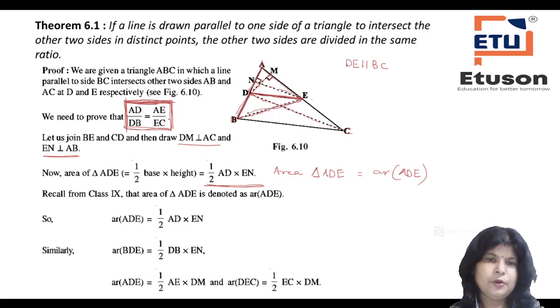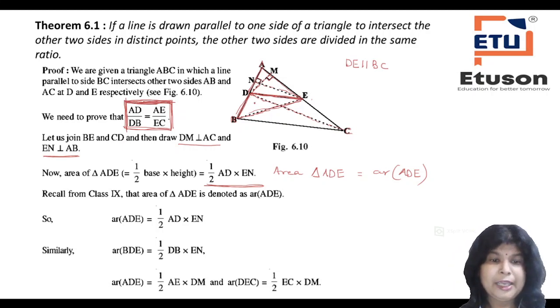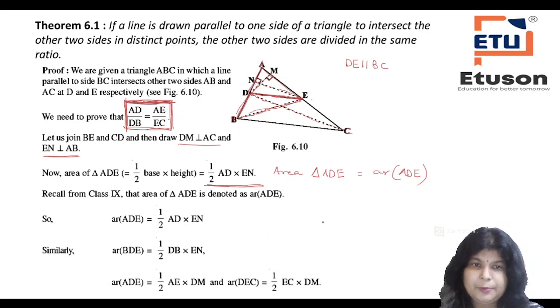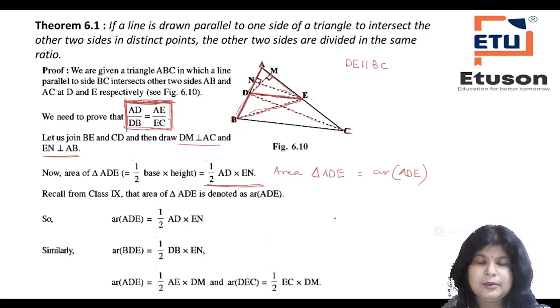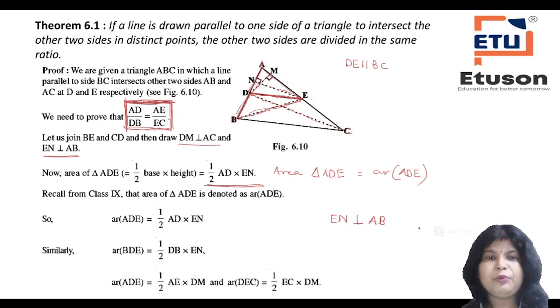How to find out? So we know that AB is AB. On AB you have plotted this perpendicular EN, right? So here it is written. As we know, EN is perpendicular to AB. So EN can be considered as altitude for triangle BDE also, right?